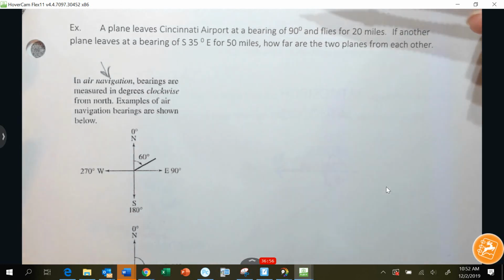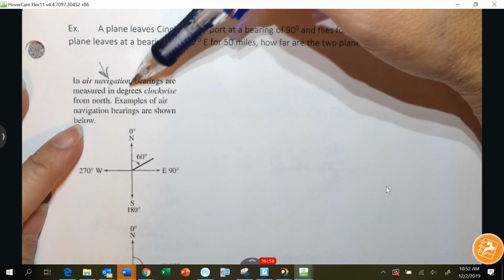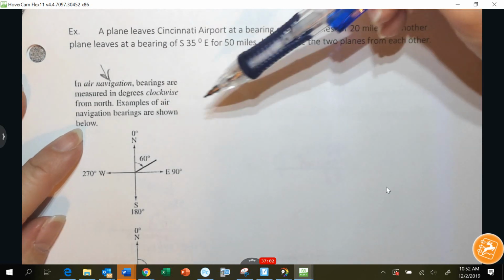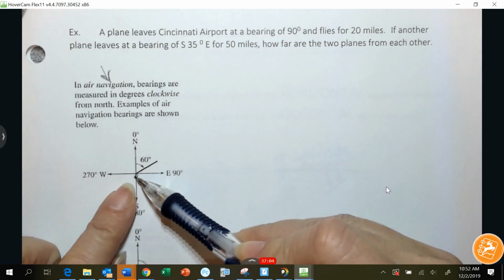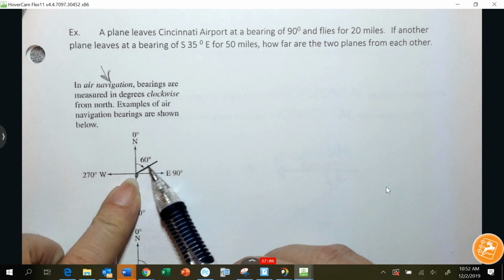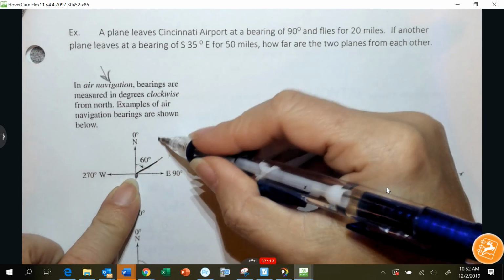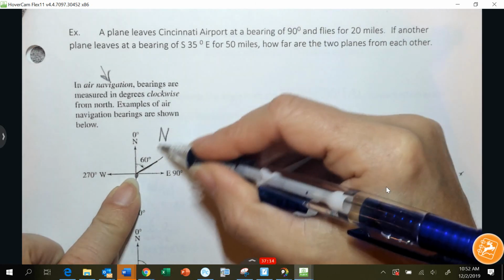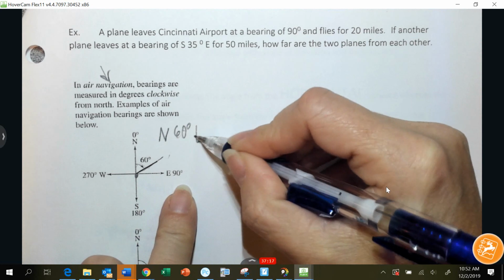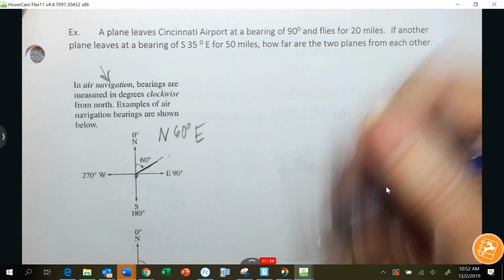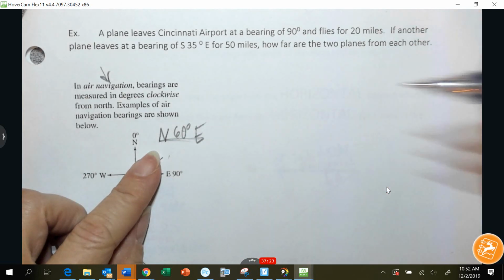They don't do the bearings the same way. It says it's measured in degrees clockwise from north. So if the plane is going from here, that would be 60 degrees. We might write this as north 60 east, but they're just going to tell you 60 degrees. So when you go to draw the picture, you have to know what that means.